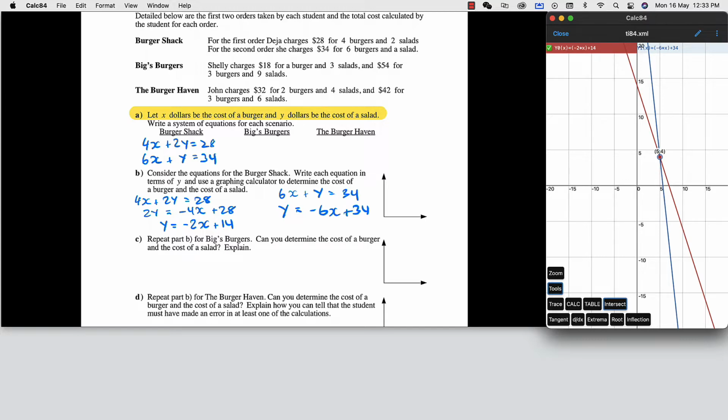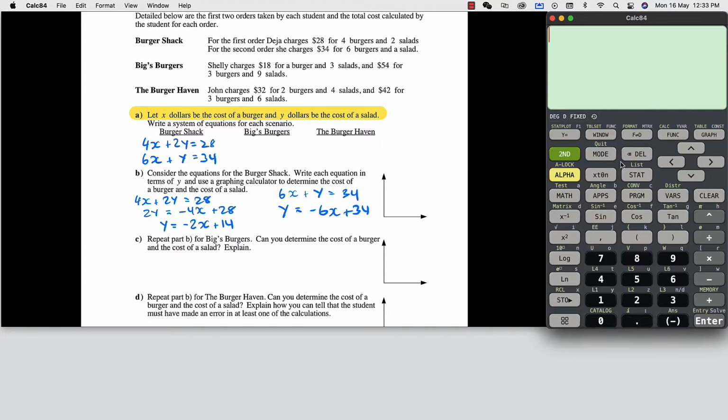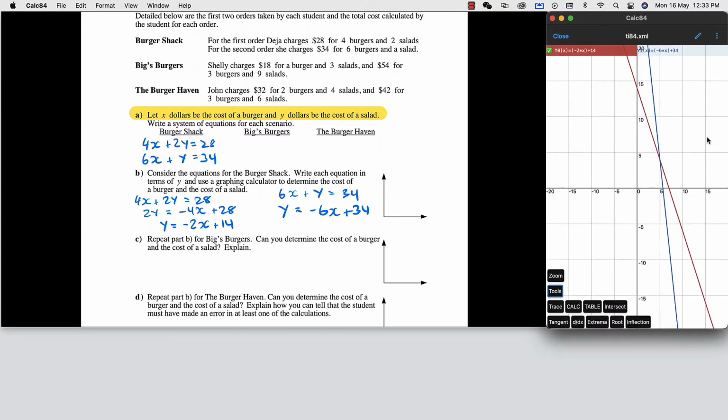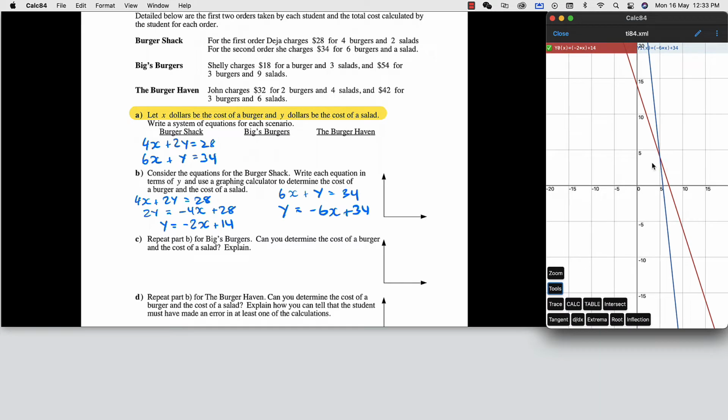Now I've already input these into the calculator, so if I go right here and go to the y equals, you can see there are the two equations in the proper format, and then I set my window to negative 20 and 20, both for x and y, and I graphed it, and now we've got where the two lines cross, and that is the intersection, and you can see that it gives us the coordinates 5, 4, and those are the x and y coordinates.